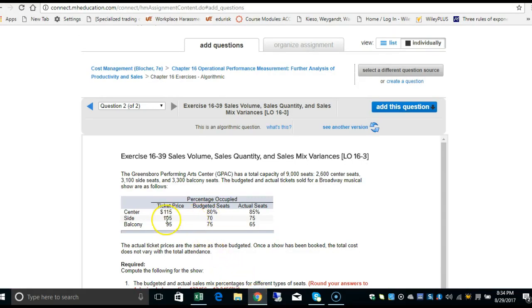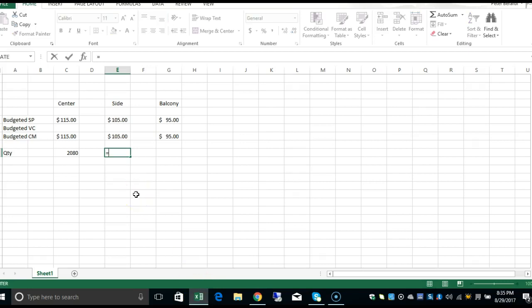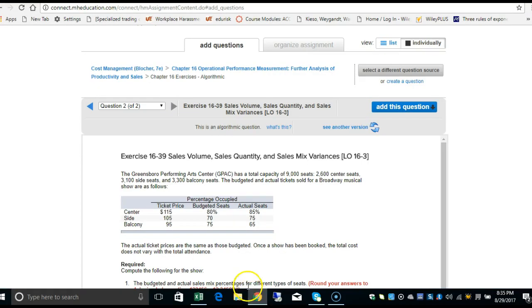For our side seats, we're going to take 70% of 3,100. And for the balcony, on the budget side, we're going to take 75% of 3,300.